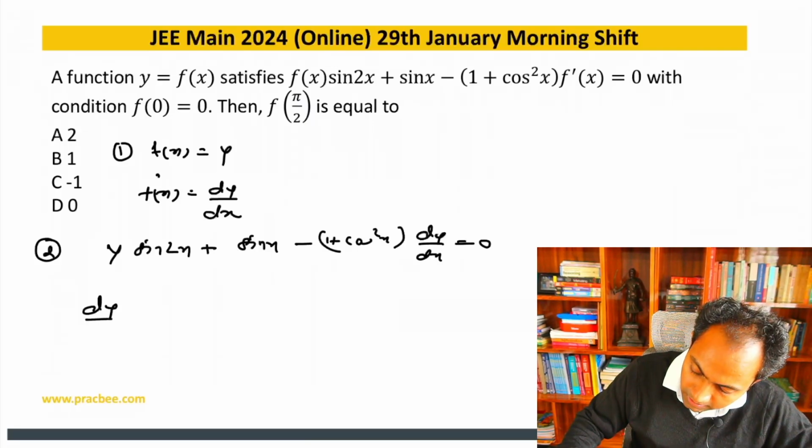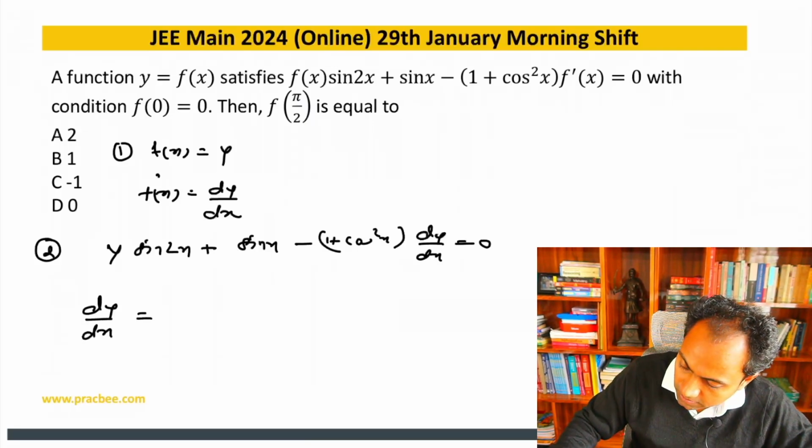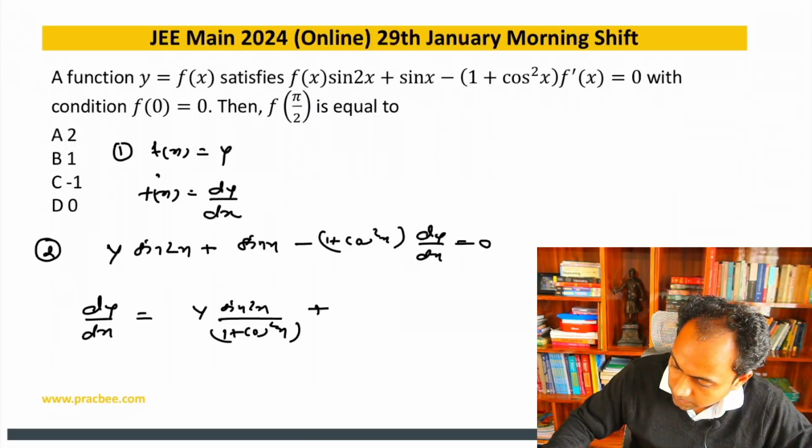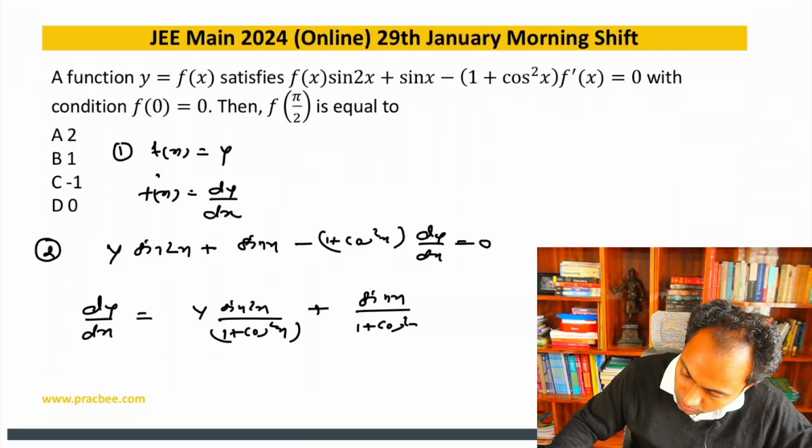Or we can write the value of dy by dx as nothing but y sine 2x by 1 plus cos square x plus sine x by 1 plus cos square x.